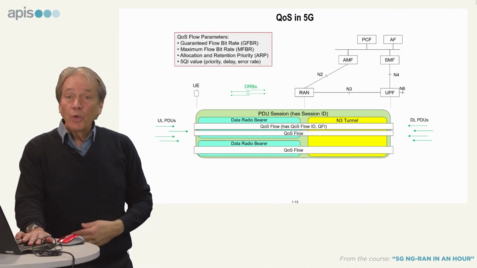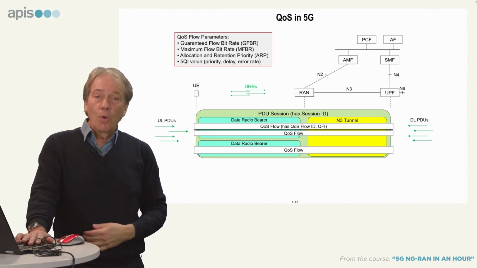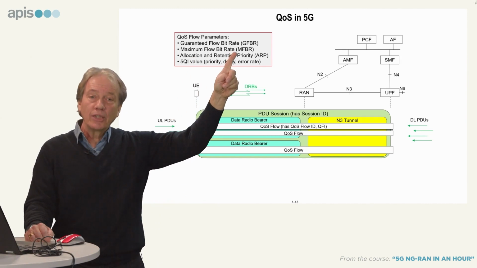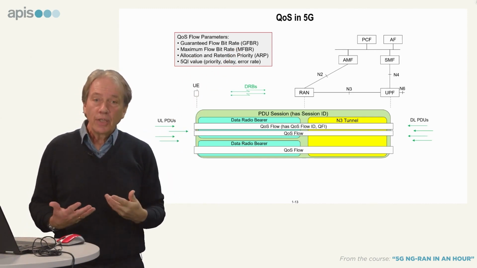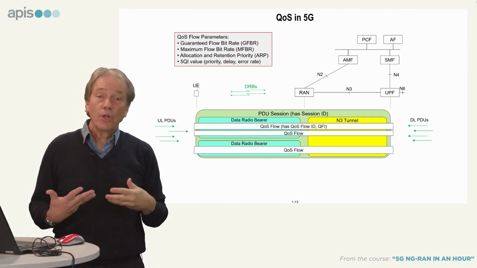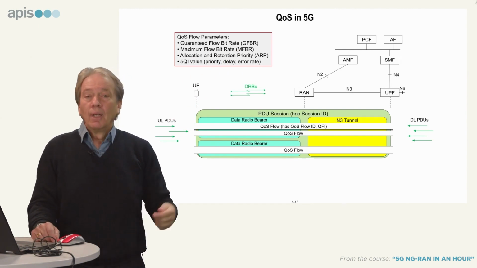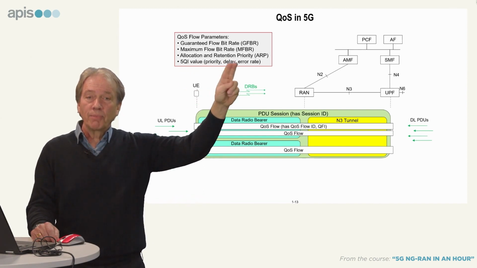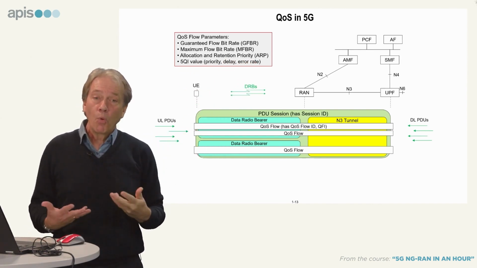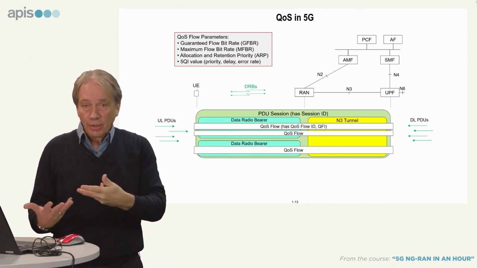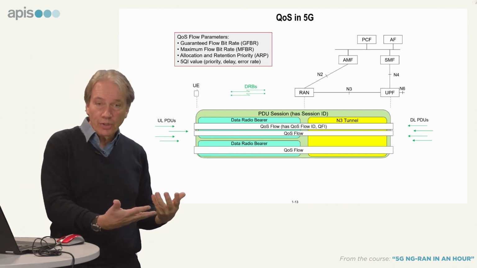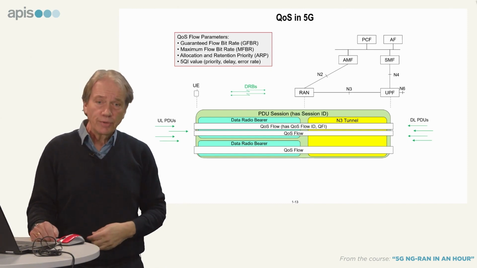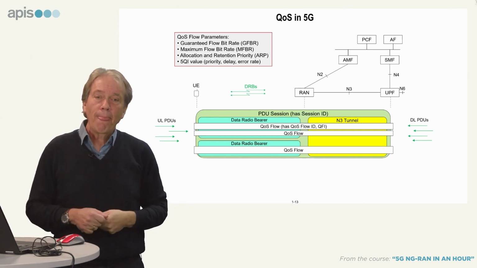So again, when we talk about QoS parameters, we talk about things like bit rates. Sometimes there is a guaranteed flow bit rate, sometimes there is no guaranteed flow bit rate. There is a maximum flow bit rate. There is some type of priority, how important is a certain QoS flow compared to other QoS flows. In case there is a shortage of resources, for instance, we need to prioritize.